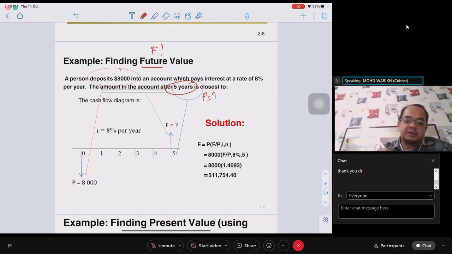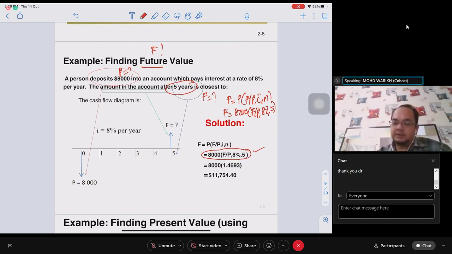P is given. That means F equals P, F over P, I, N, or F equals 8,000 ringgit, F over P, I is 8%, N is 5. Same as this one.